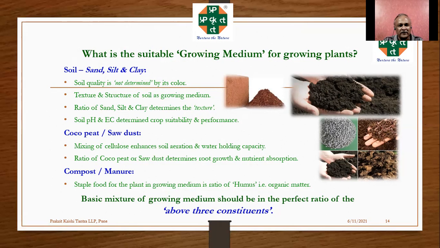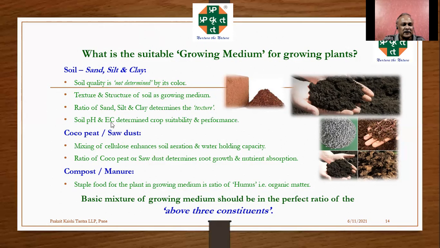Earlier I explained that 6 to 7.5 is the most suitable range for most plants. At different pH ranges, different nutrients are in maximum available form, and as the pH goes downwards or upwards, the availability of nutrients gets reduced or increased. So we must know the pH range of the plant and also the pH level of the growing medium.